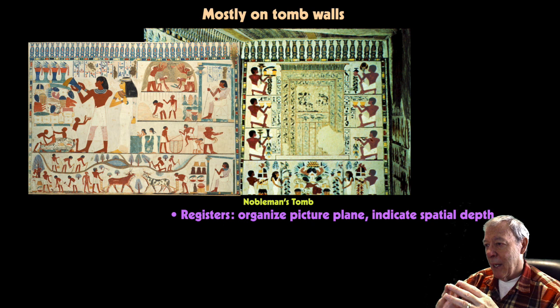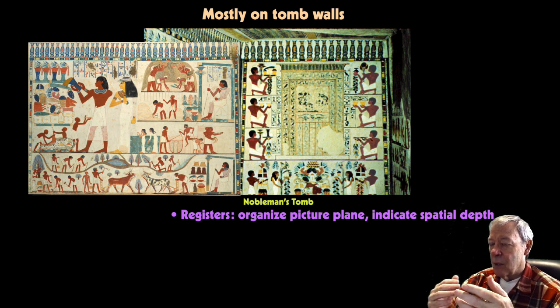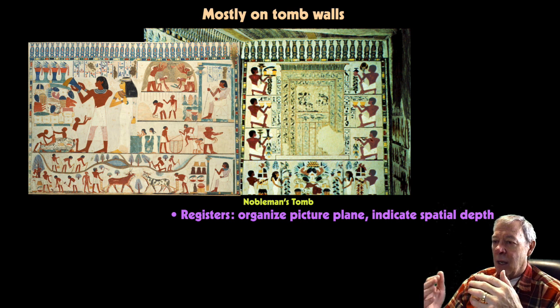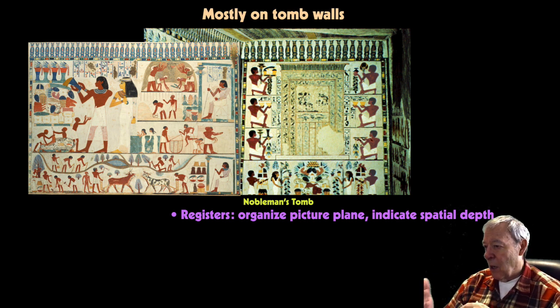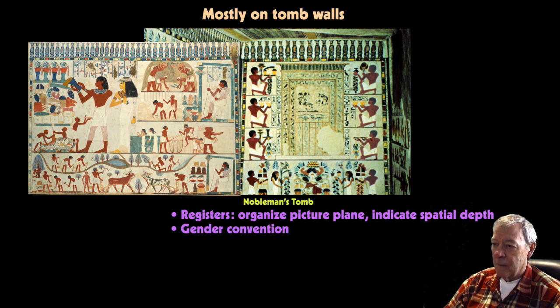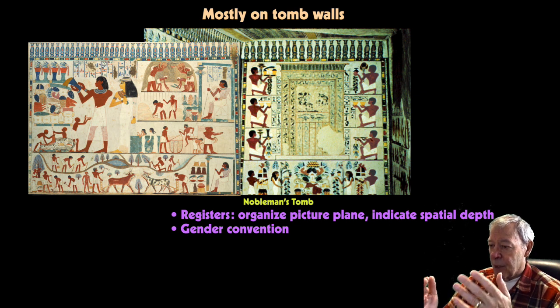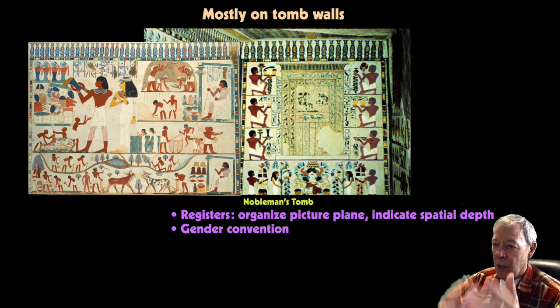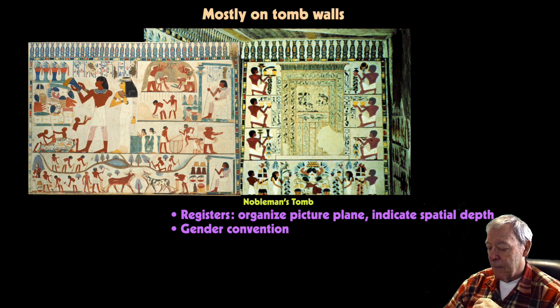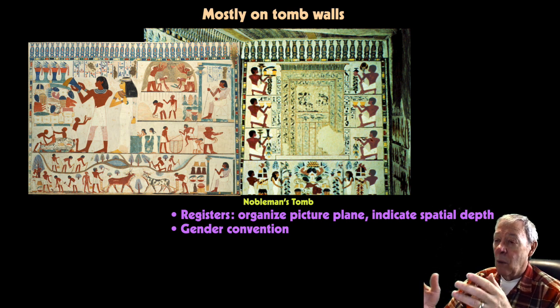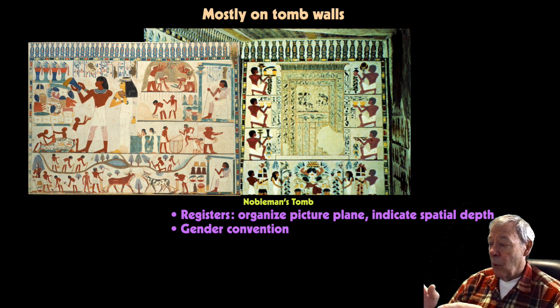Another point I want to make here, as long as we've got these two figures on the screen, is a convention that the Egyptian artists used to indicate gender. Okay? Now you'll typically see figures that are dark and figures that are light. Males are always dark, and the women are always lighter.